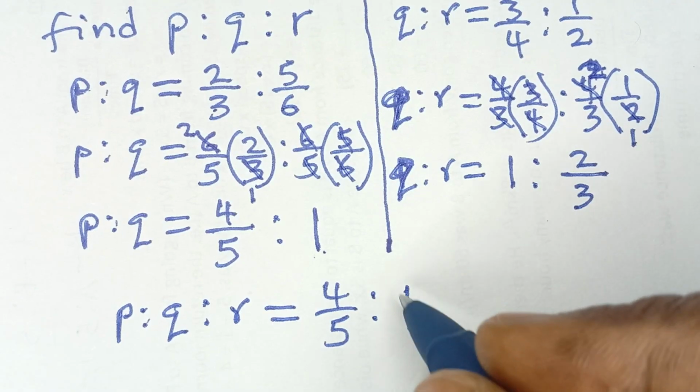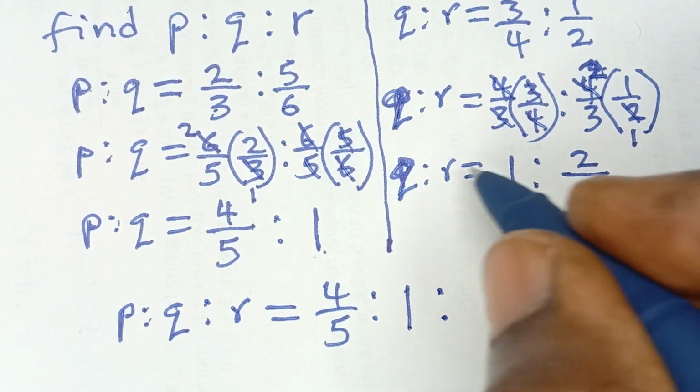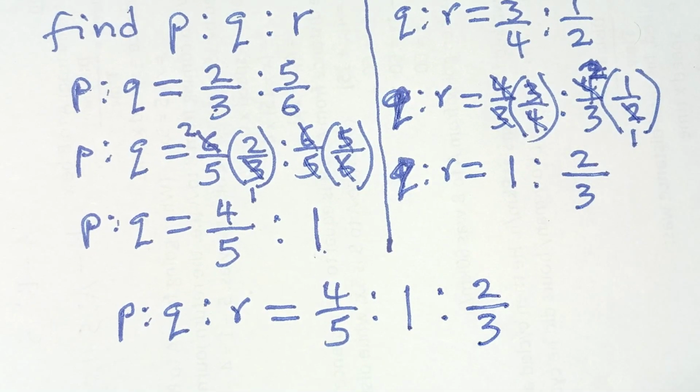So I've combined the Q here to be 1. Then ratio R, which is the value 2 over 3 here. So this is the ratio of P, ratio Q, ratio R, and that is the value.